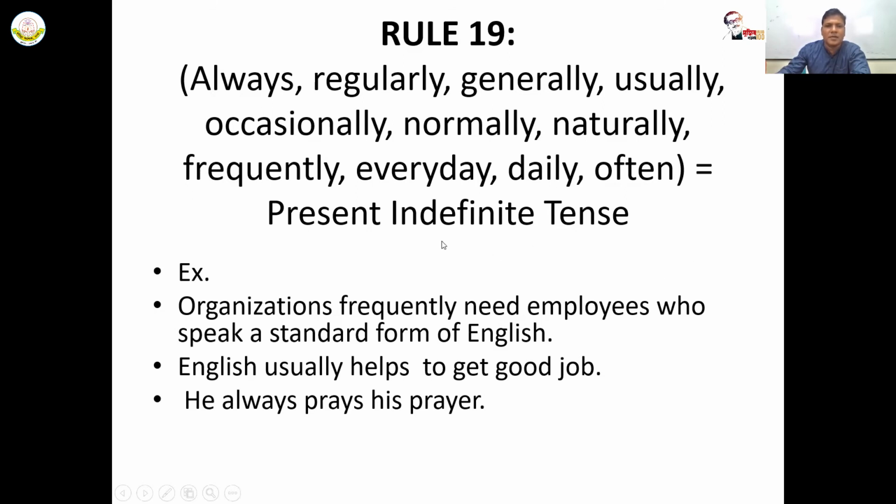These are generally linked with the present indefinite tense. For example, organizations frequently need employees who speak a standard form of English. Another example, English usually helps to get a good job. He always prays his prayer, not 'praised' his prayer, because it's the present indefinite tense.